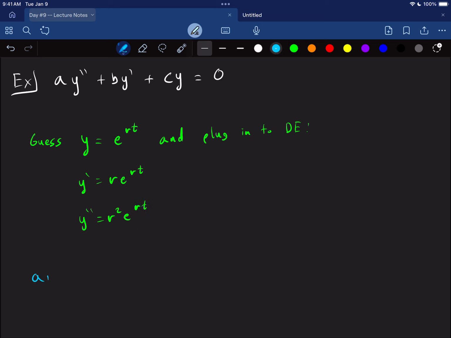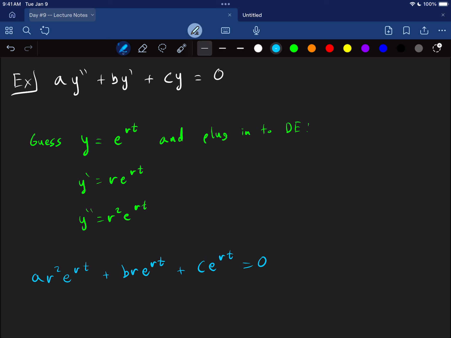So I end up with a r squared e to the rt plus b r e to the rt plus c e to the rt equals 0. This is me just plugging it into that differential equation in the white.